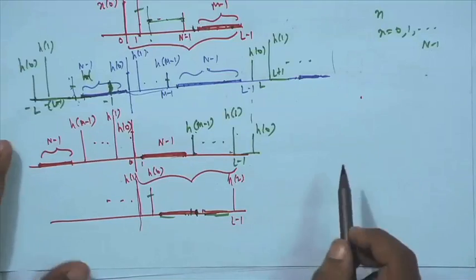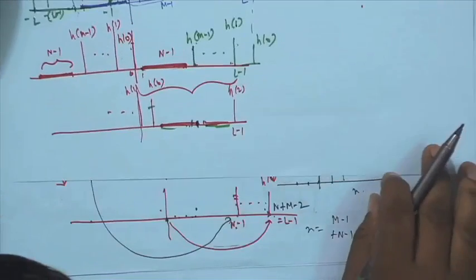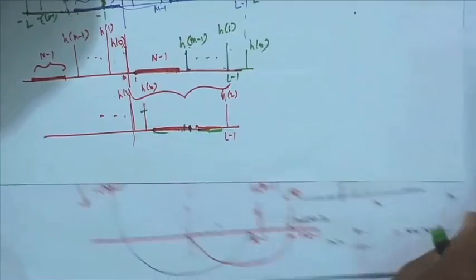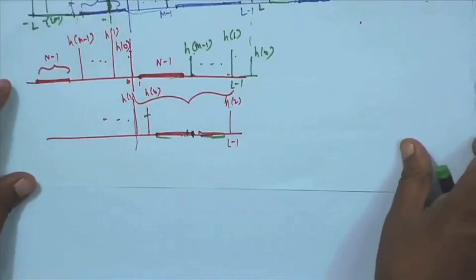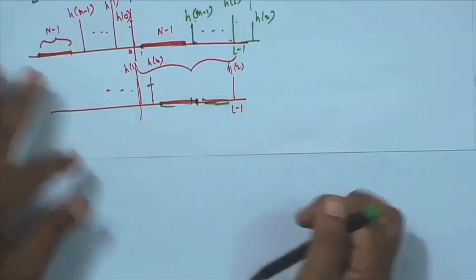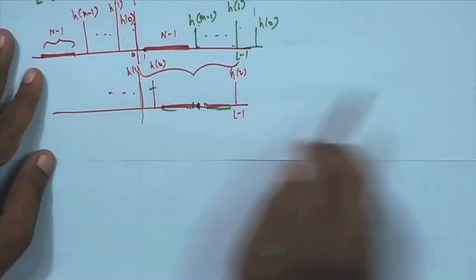And this way if you continue, okay, after some time what will happen? Let me take out a fresh page. After some time what will happen, suppose I am shifting now. So the n equal to 0 case I have taken, and the n equal to 1 case.